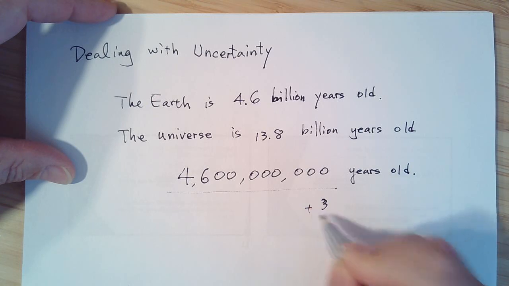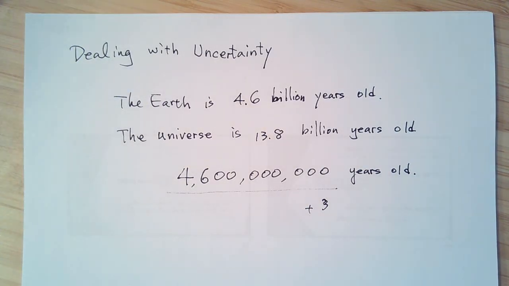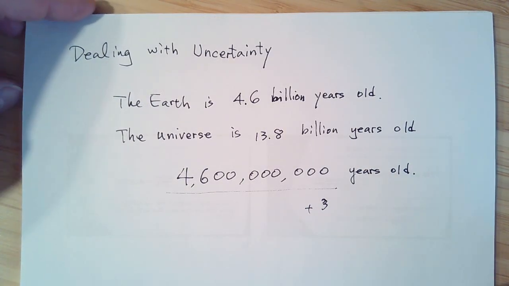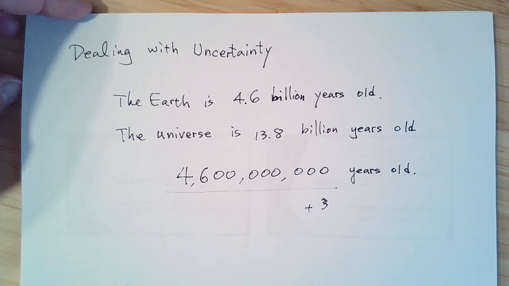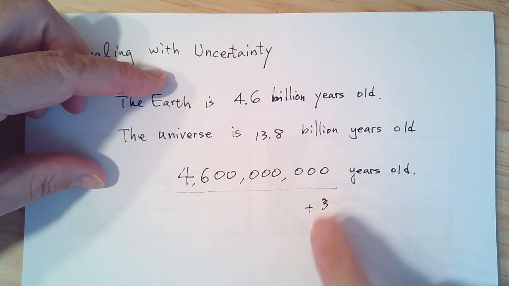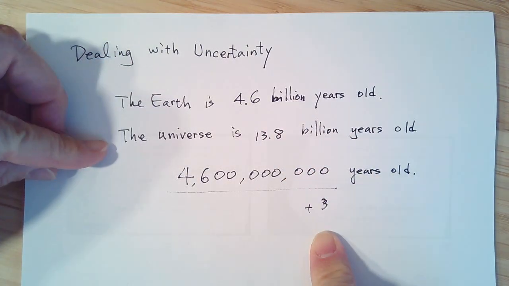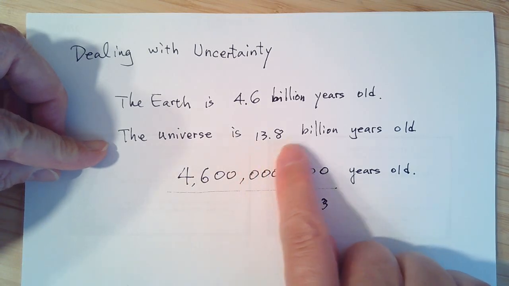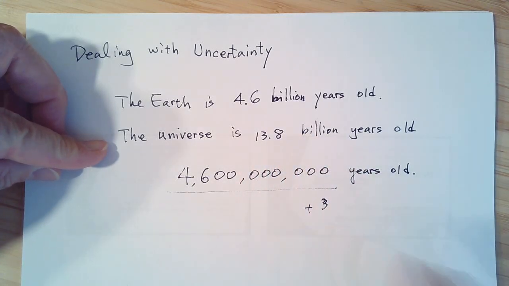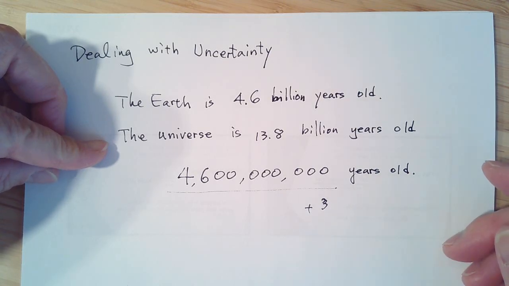He just simply added 3. That's 3 years he has been working in this museum. So he said the Earth is 4.6 billion and 3 years old, and the universe is 13.8 billion and 3 years old. Does it sound right? Can you get this conclusion?